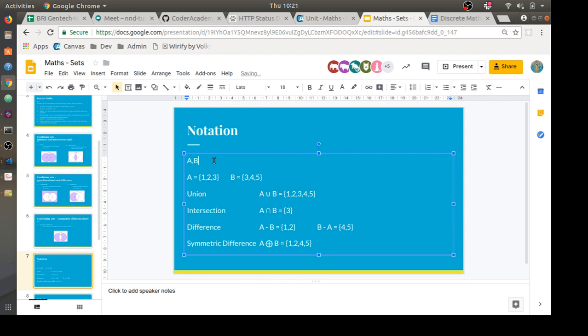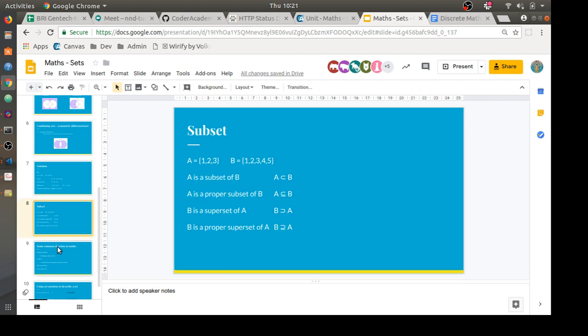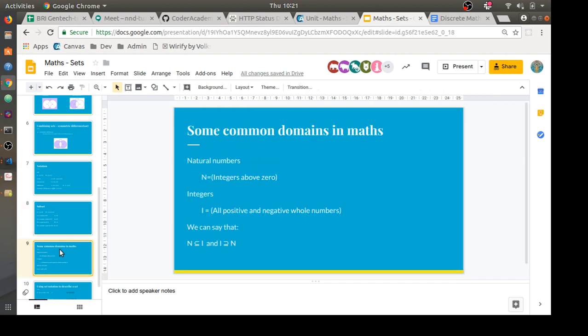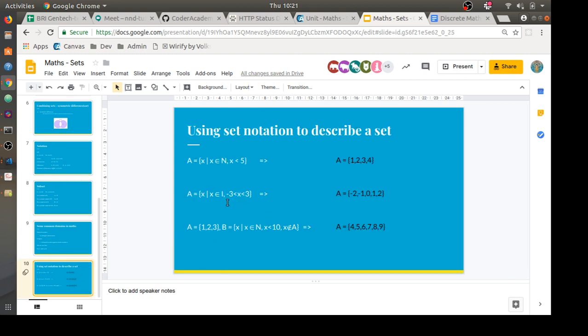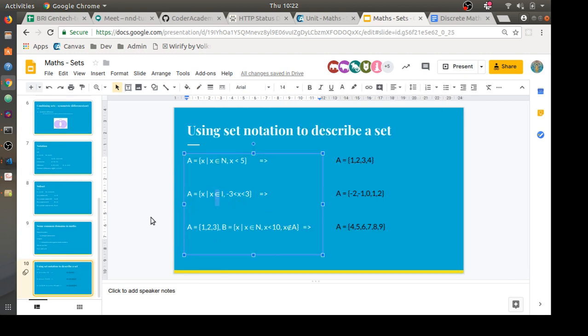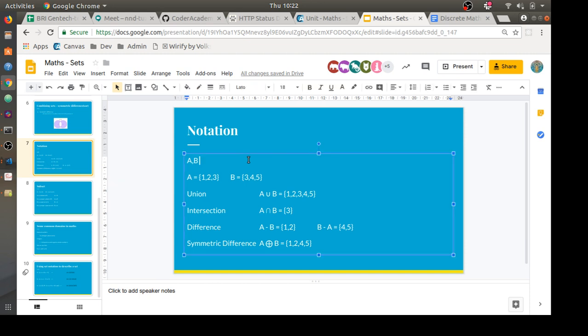So if we said that A and B are elements of, and I have to go grab that character, this little character, are elements of the natural numbers. Okay?